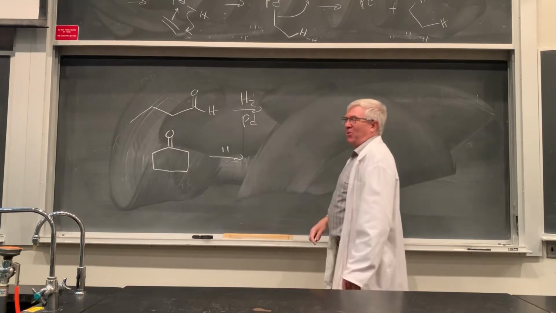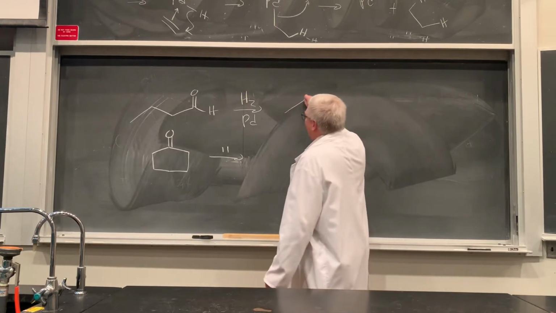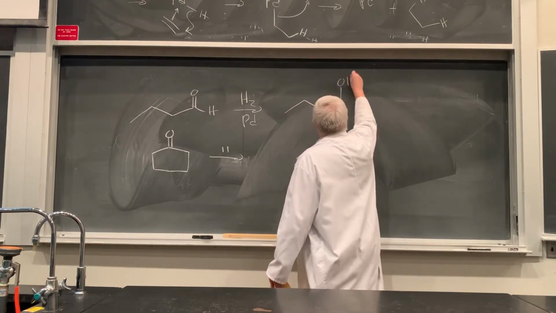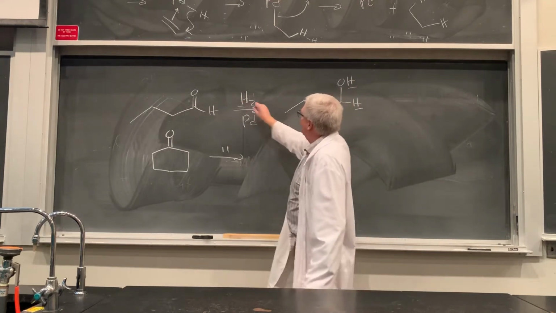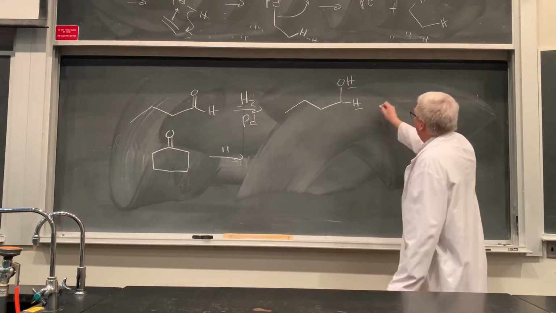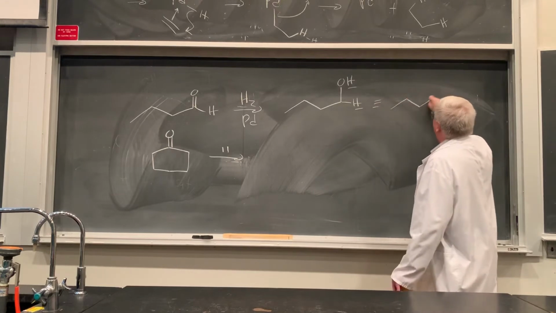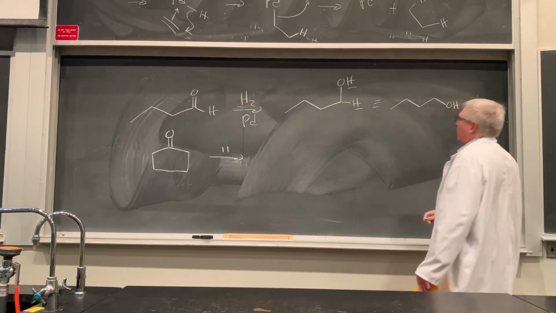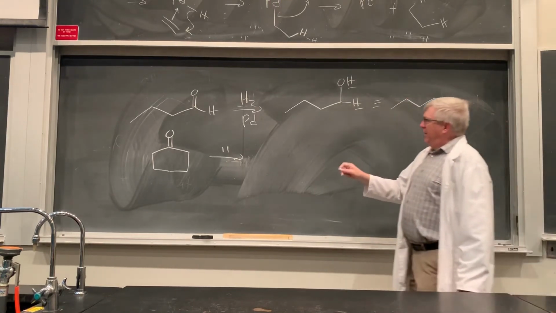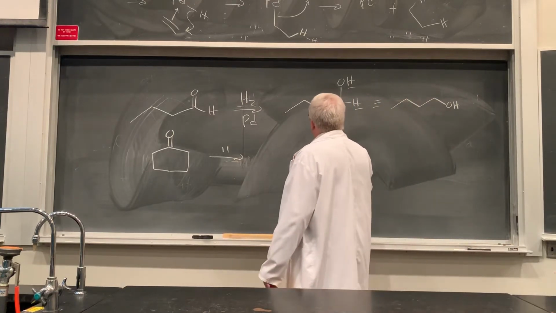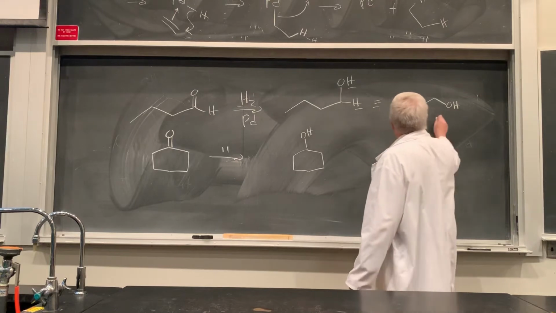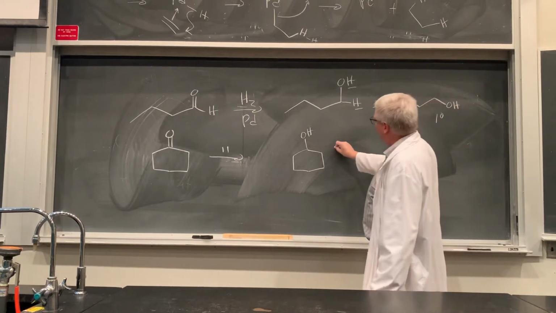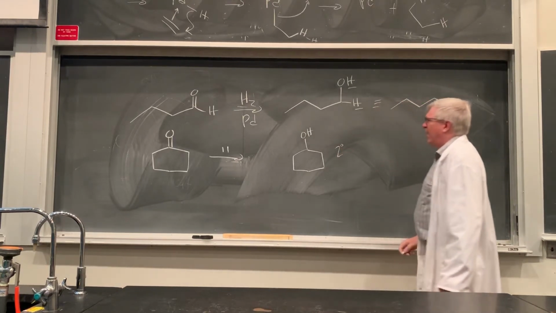A rhodium catalyst would do this better. But you can get the alcohol product here, and I'll show the 2 hydrogens coming from the hydrogen gas there. This is just the primary alcohol from the aldehyde. A ketone is a similar thing; here we would stop our reduction at the secondary alcohol. So primary alcohols from aldehydes, or secondary alcohols from ketones.